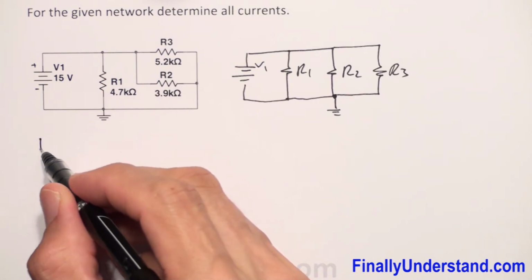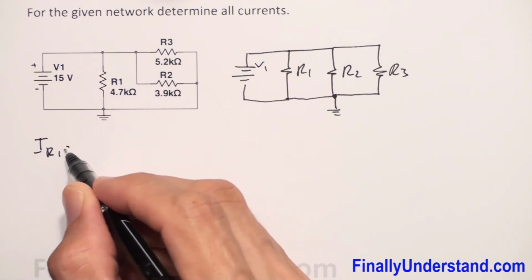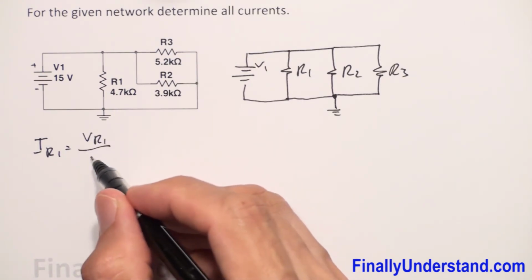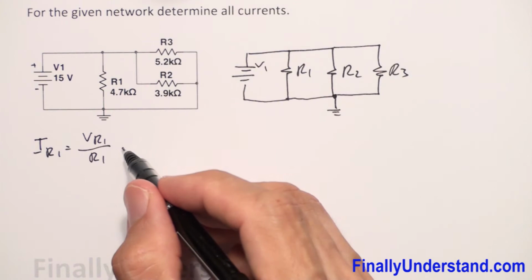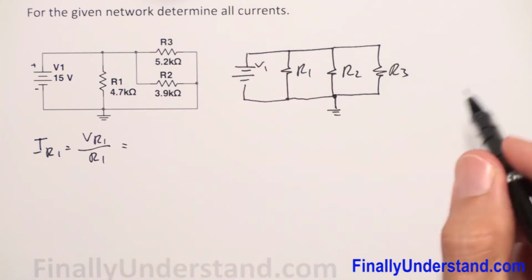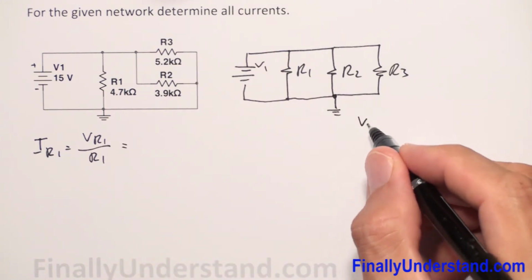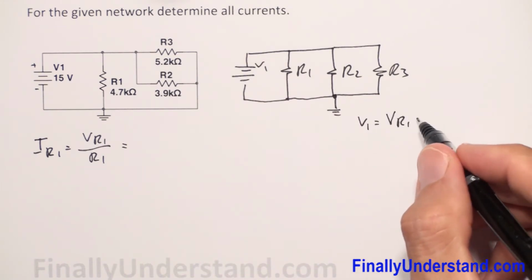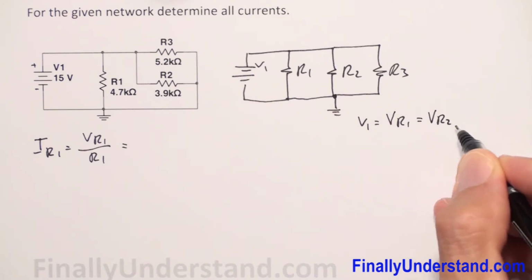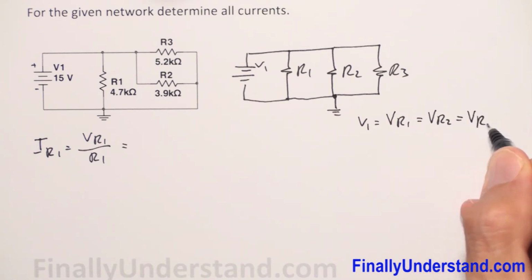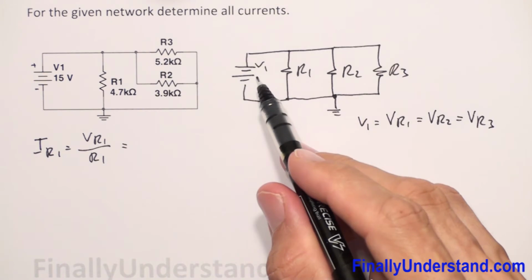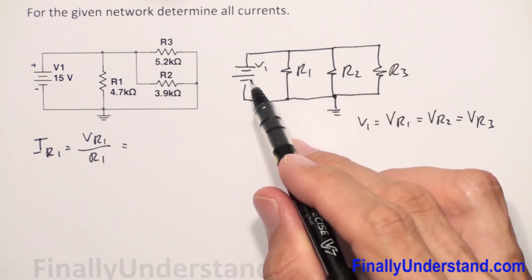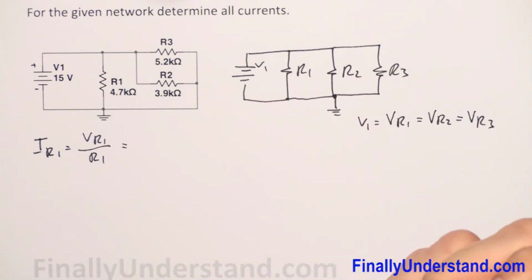So we can say that I R1 is equal voltage across resistor R1 over resistance R1. Okay, now let me just remind you that V1 is equal to voltage across resistor R1. This is also equal to voltage across resistor R2, and this is also equal to the voltage across resistor R3, because in parallel circuit all resistors are connected directly, okay, across the voltage source.